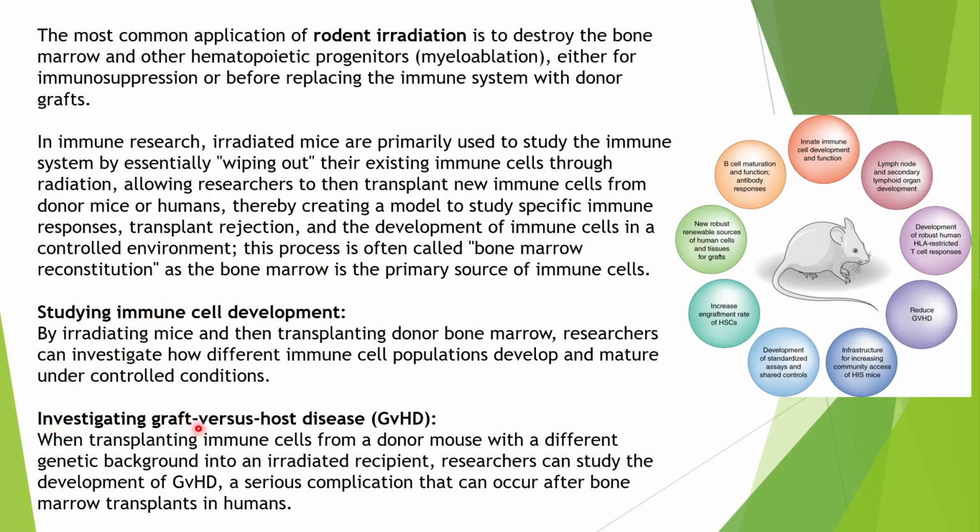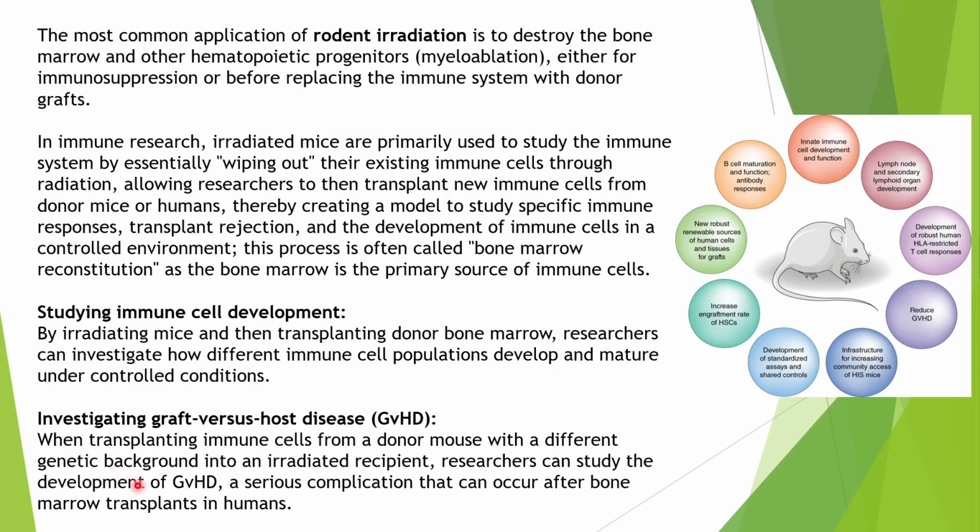And then investigating graft versus host diseases. So, in several treatment conditions, we have organ transplant or even tissue transplant or grafts that we use as treatment methods. So, before that, we have to check or ensure that it does not undergo graft rejection or does not generate a lethal immune response in the host.